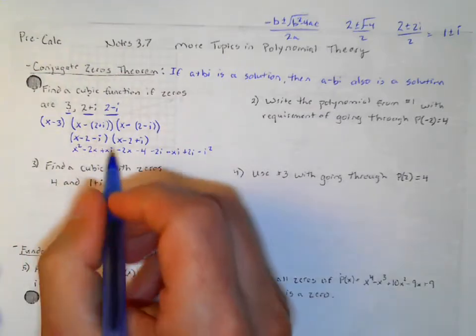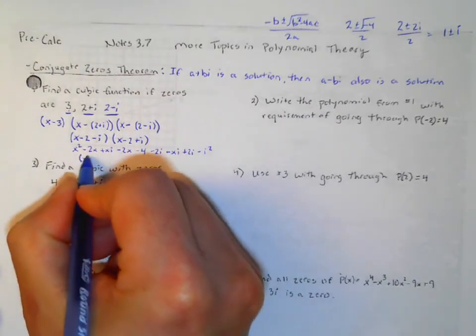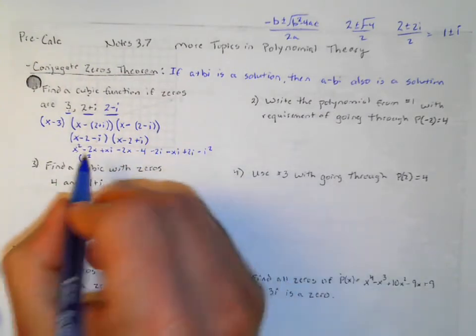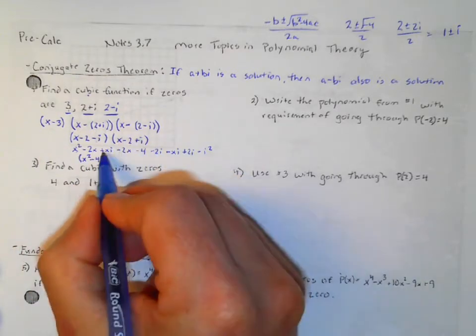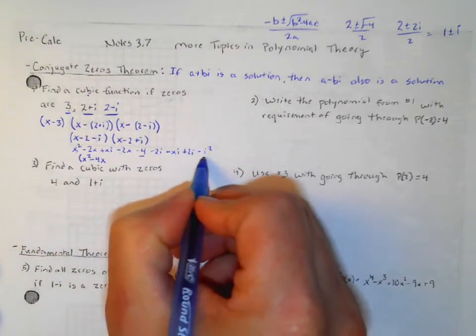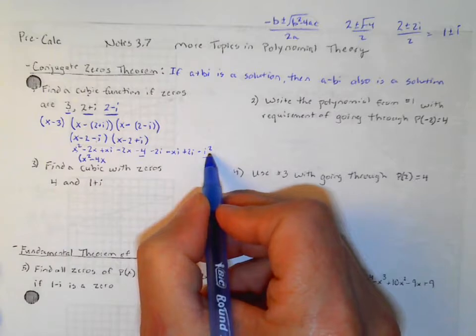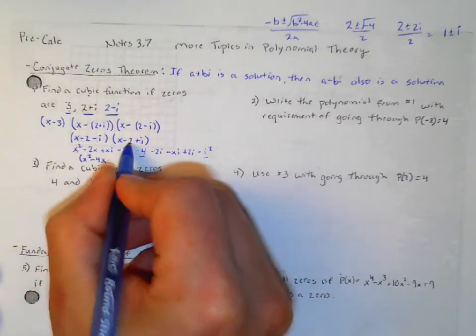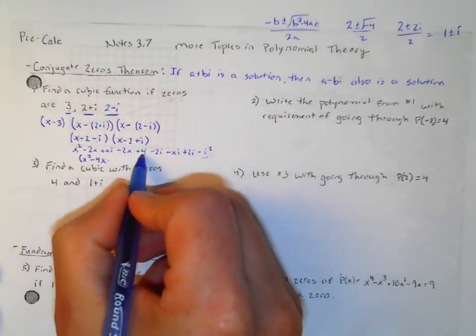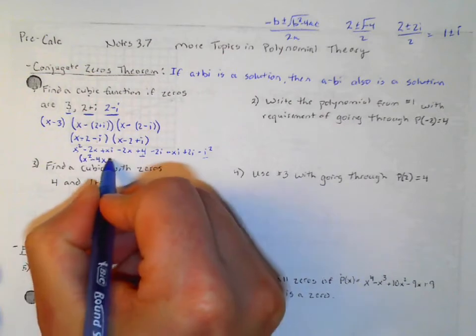If I simplify this, it becomes x squared minus 4x, and some things cancel here, right? Then I have this and this. Remember, i squared is negative 1, and times this negative makes it plus 1. Negative times a negative is a positive 4 there, so 4 plus 1 would be plus 5.